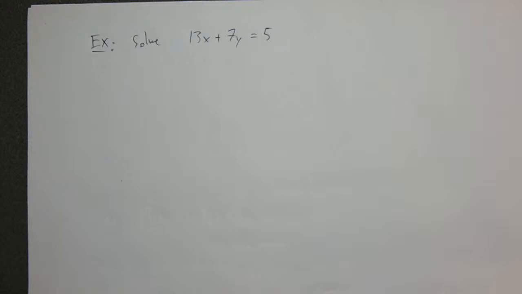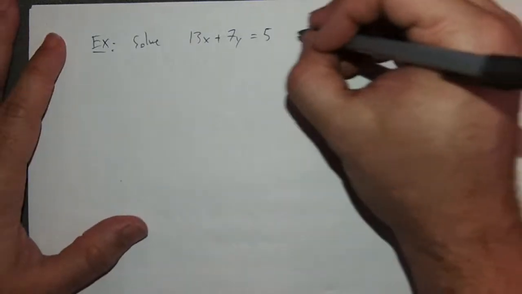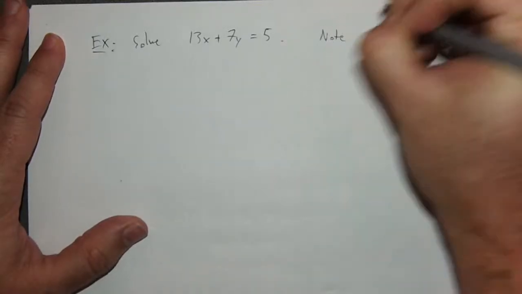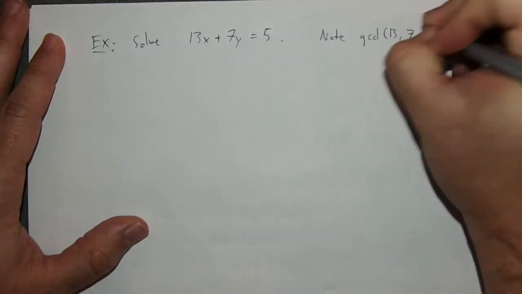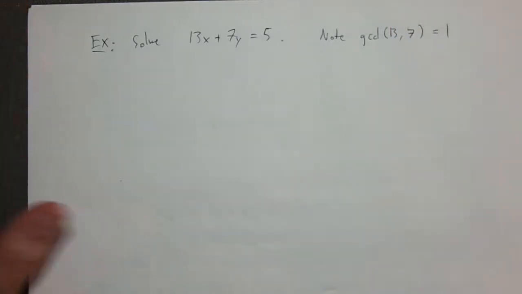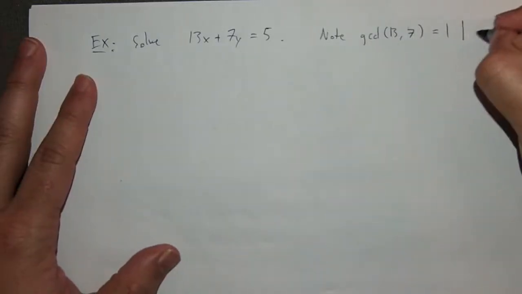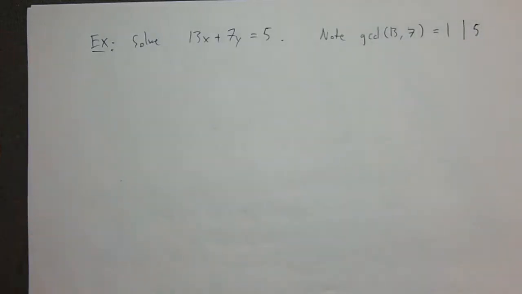Here I'm actually in the easier case, so note that the GCD of 13 and 7 is equal to 1, and 1 certainly divides 5. So this equation has a solution.